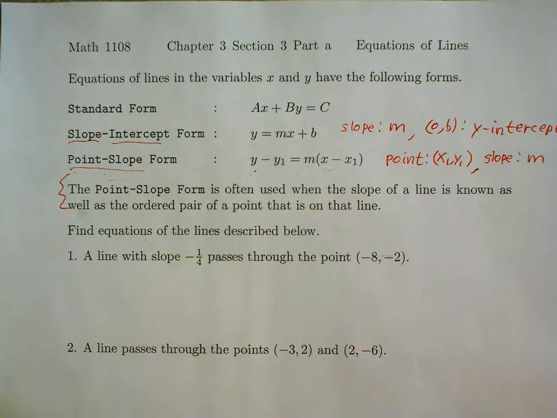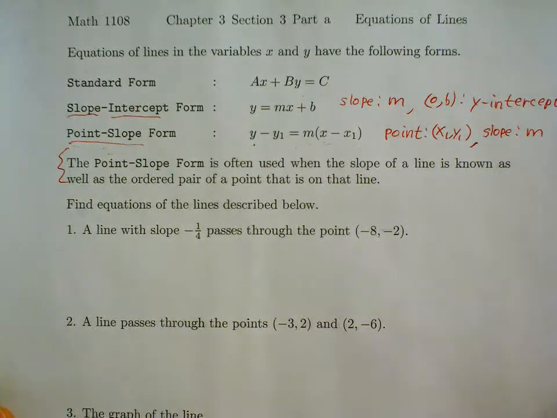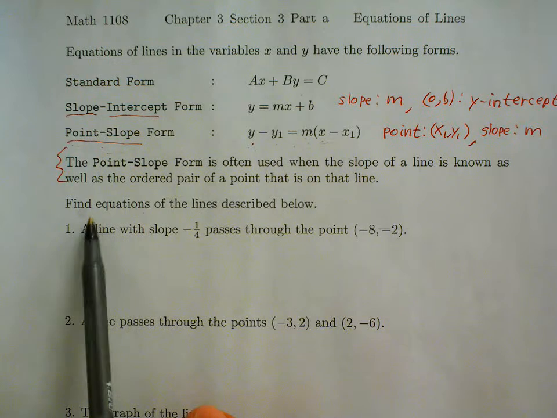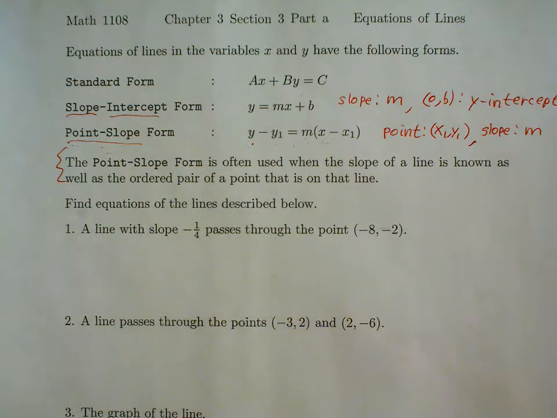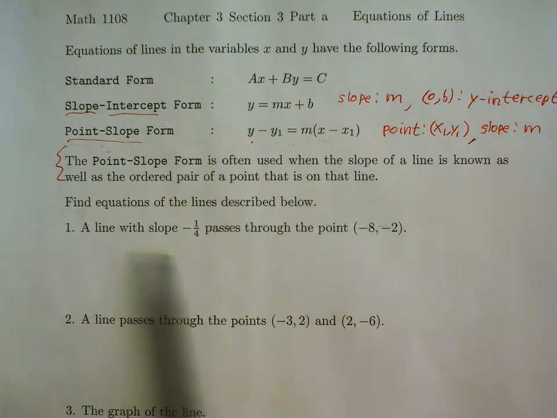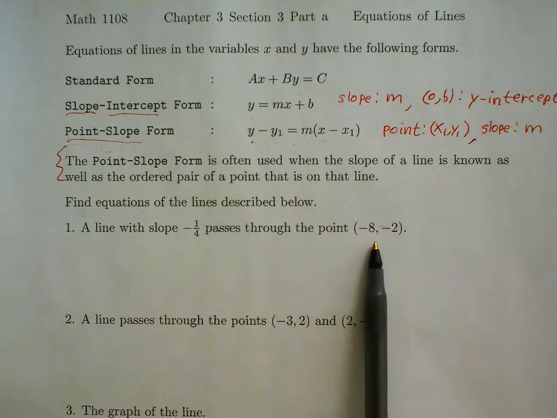Okay, so we'll spend a few minutes practicing finding equations of lines. Find equations of the lines described below. A line with slope -1/4 passes through the point -8, -2. So the ordered pair is -8, -2.